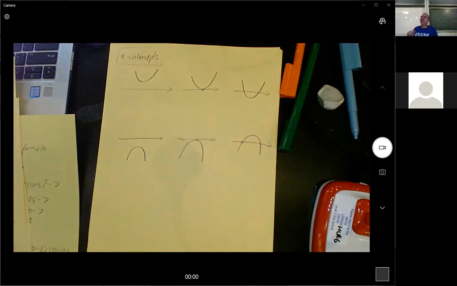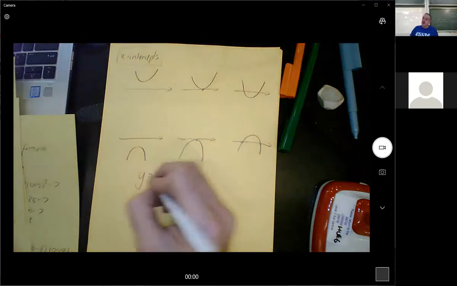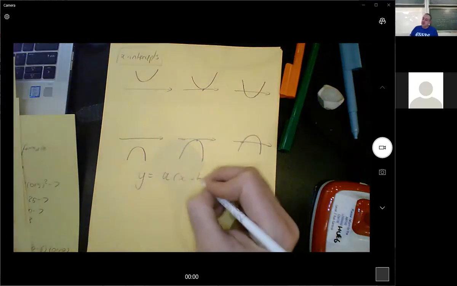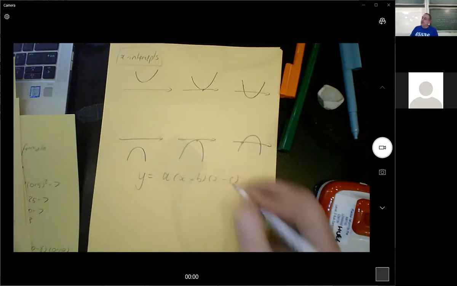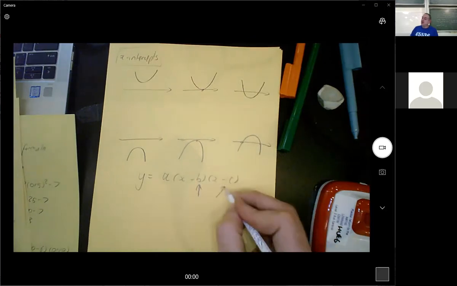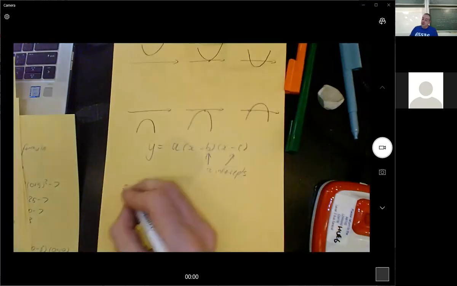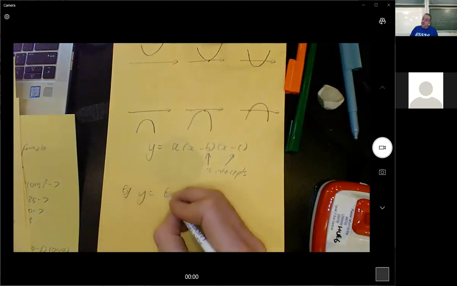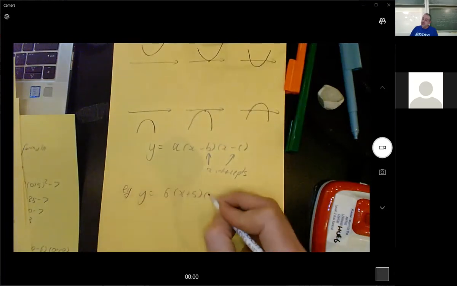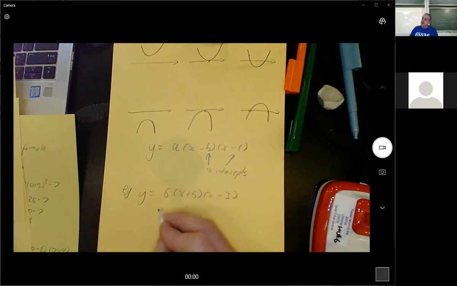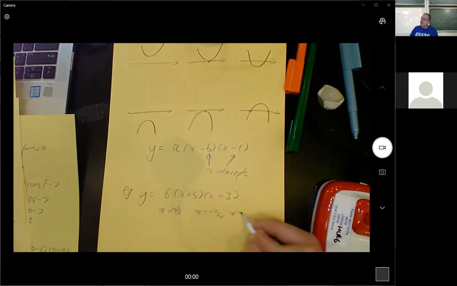Right. So the easiest one to tell is the factorized form. If it's in factorized form, then these are the x-intercepts. So if I saw something like this, then the x-intercepts are x equals -5 and x equals 3.